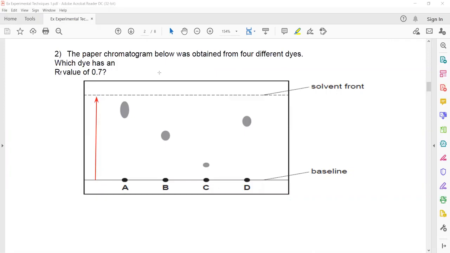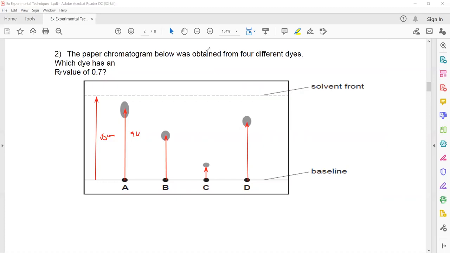As an example, say this was coming out as, according to your paper size it may vary, I'm taking 10 centimeter. When we measure the distance of the spot from the origin, for example, if it is coming out 9 centimeter for A, this is 5 centimeter, this is 2 centimeter, and this one is 7 centimeter.